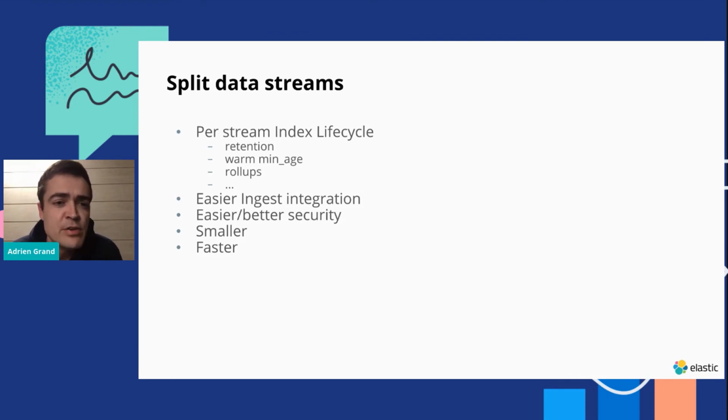For instance, if you want some users to have access to your Nginx logs, but not to your security logs, in the past, you had to configure this through document level security because all documents were part of the same set of indices. Now, due to the fact that security logs and Nginx logs end up in different data streams, you can configure that sort of security through index level permissions, which is easier and more efficient.